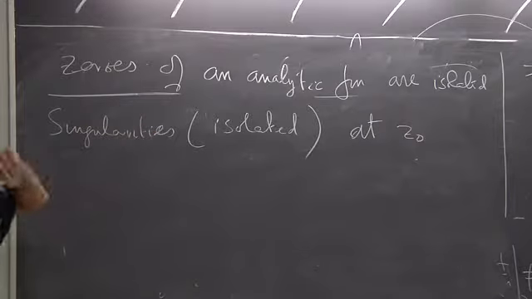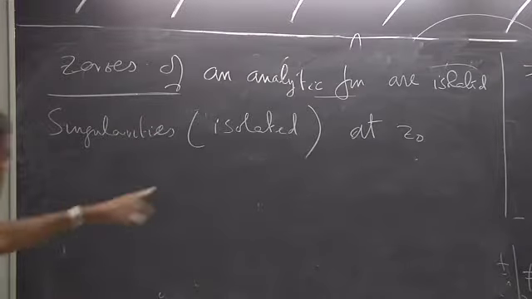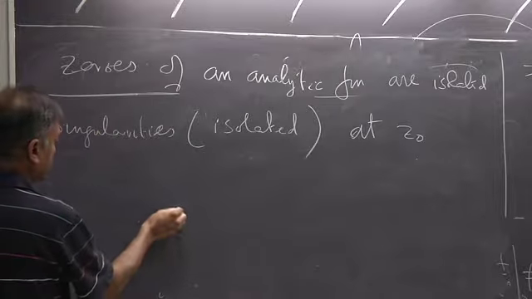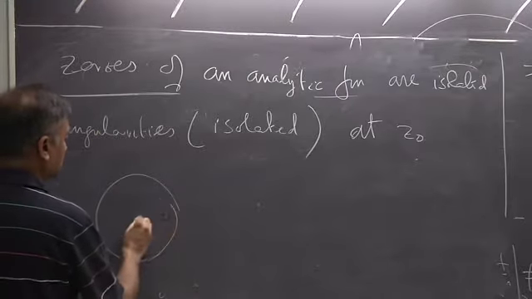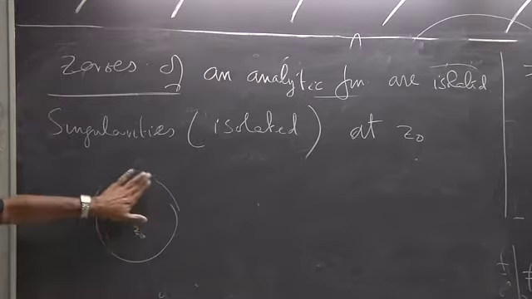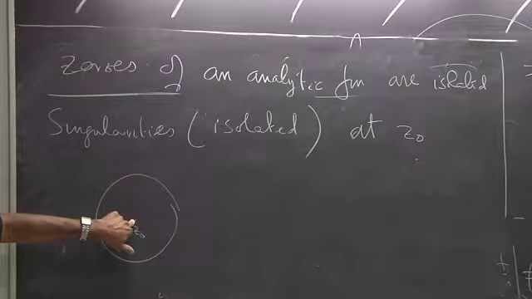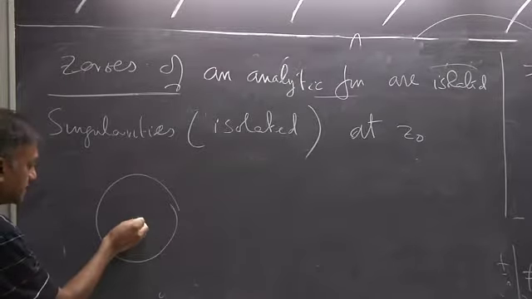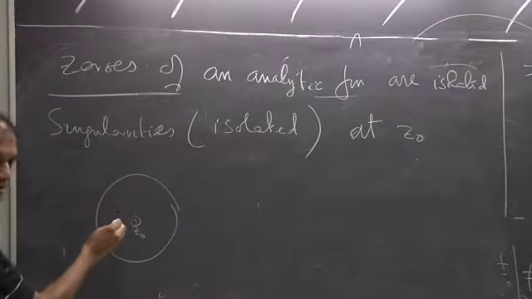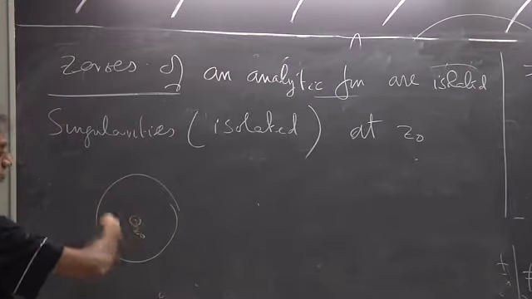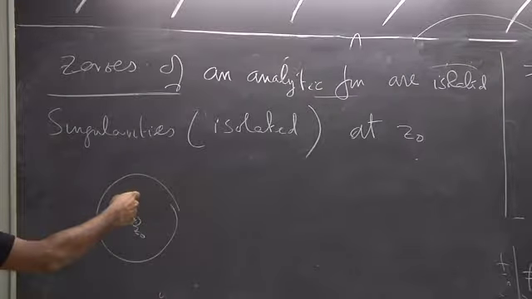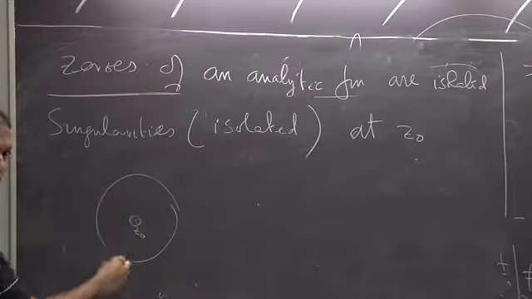The singularities now. So if it's an isolated singularity at z0, that means I can always find a neighborhood around z0 where the function is analytic everywhere except at z0, right? That's what it means. That means I can use the Laurent series, because I can take a small circle around it as the inner circle, and the outer circle is that, and then I can go through the Laurent series expansion for any z inside here.